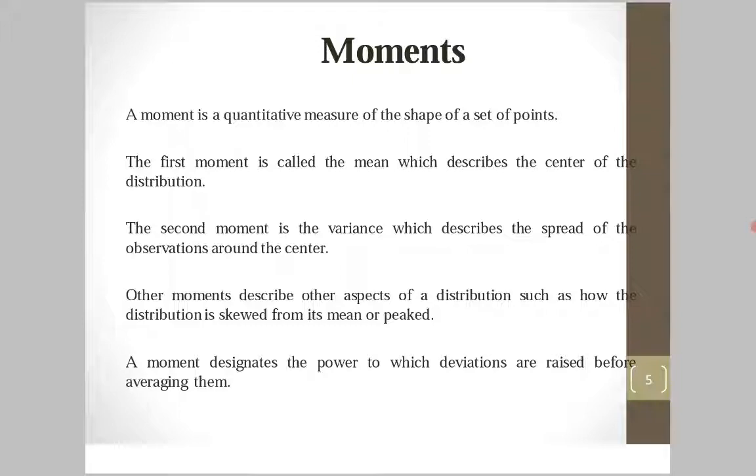The second moment is the variance, which describes the spread of the observations around the center. Other moments describe other aspects of a distribution, such as how the distribution is skewed from its mean or peaked. A moment designates the power to which deviations are raised before averaging them.